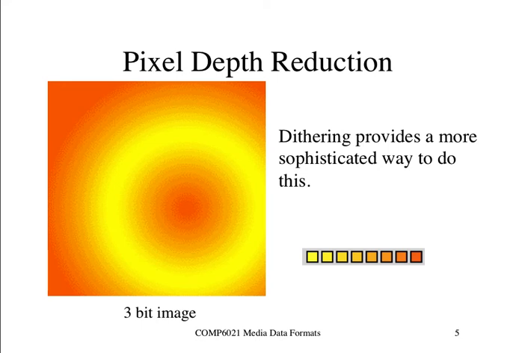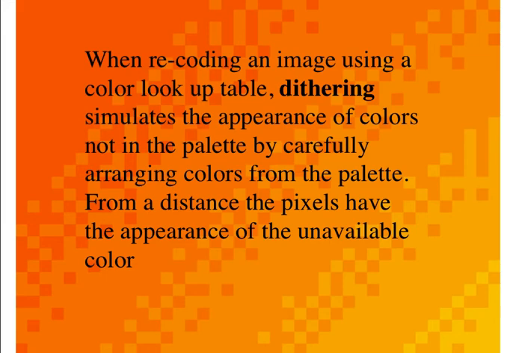And when we zoom in, we see what's happening. Dithering simulates the appearance of colors that are not in the palette by carefully arranging colors that are in there. And then from a distance, at least, they have the appearance of the unavailable color.